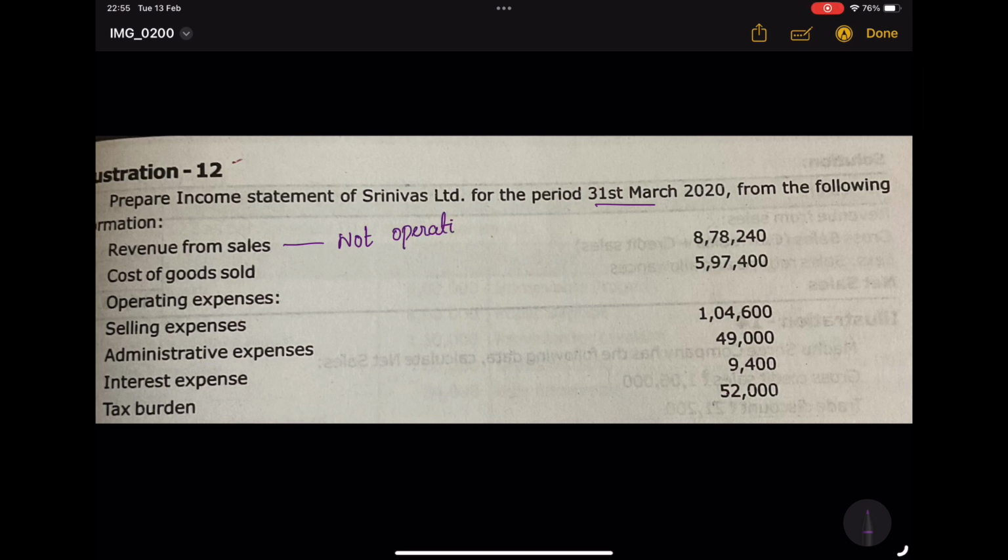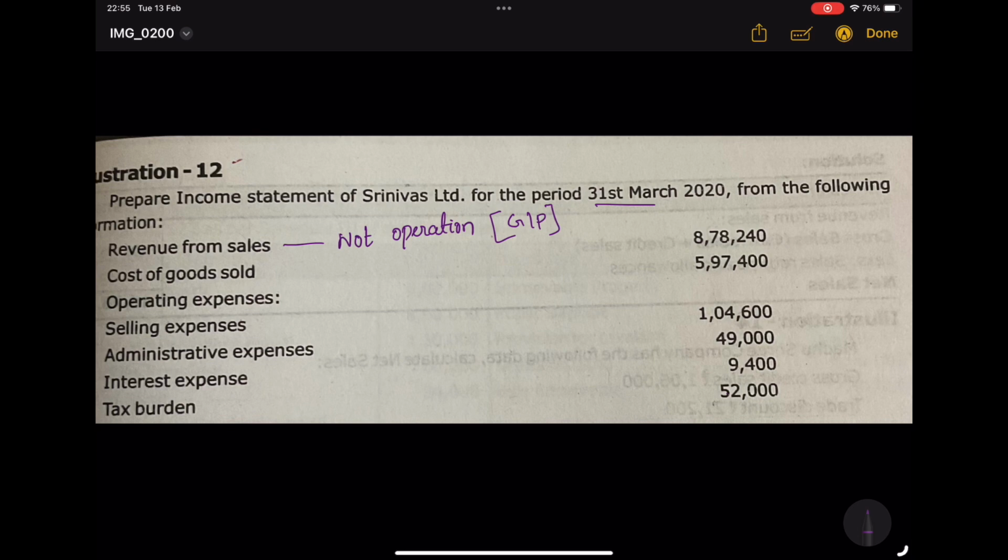Revenue from sales is different, revenue from operations is different. Revenue from operations means we are going to write the gross profit details. In the previous video we discussed revenue from sales. Revenue from sales is nothing but the net sales of the company, whereas revenue from operations means the gross profit of the company.